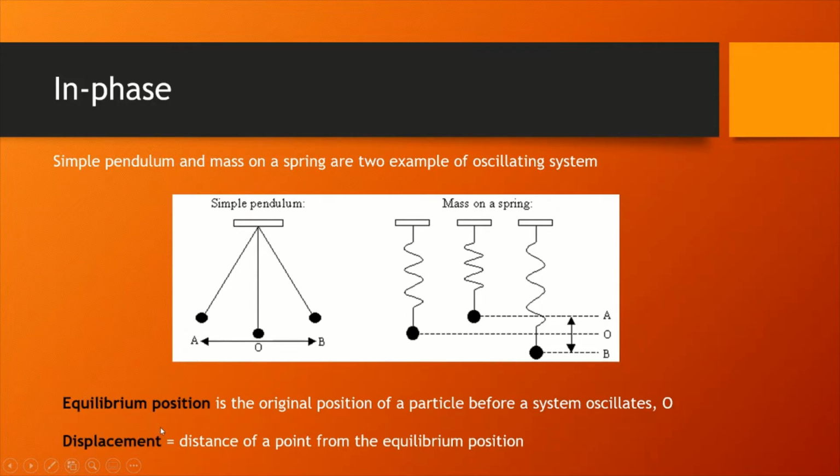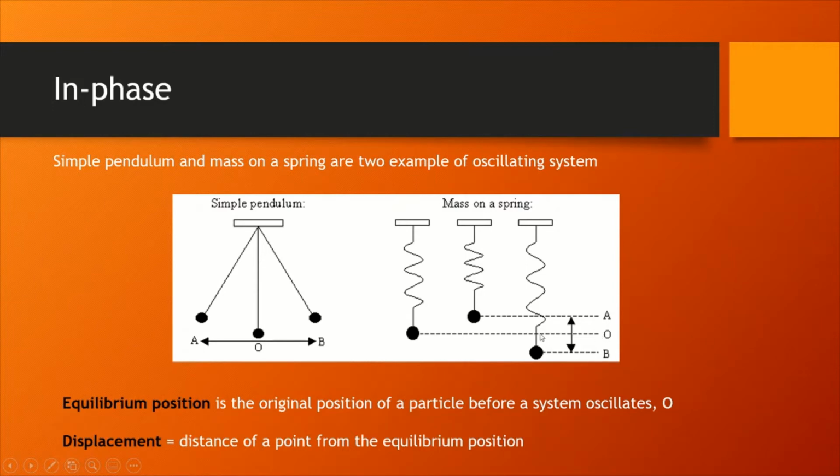Whereas displacement is the distance of a point from the equilibrium position. For example, if we displace the pendulum until A here, the distance AO is what we call the displacement. For a mass on the spring, O is the equilibrium position.